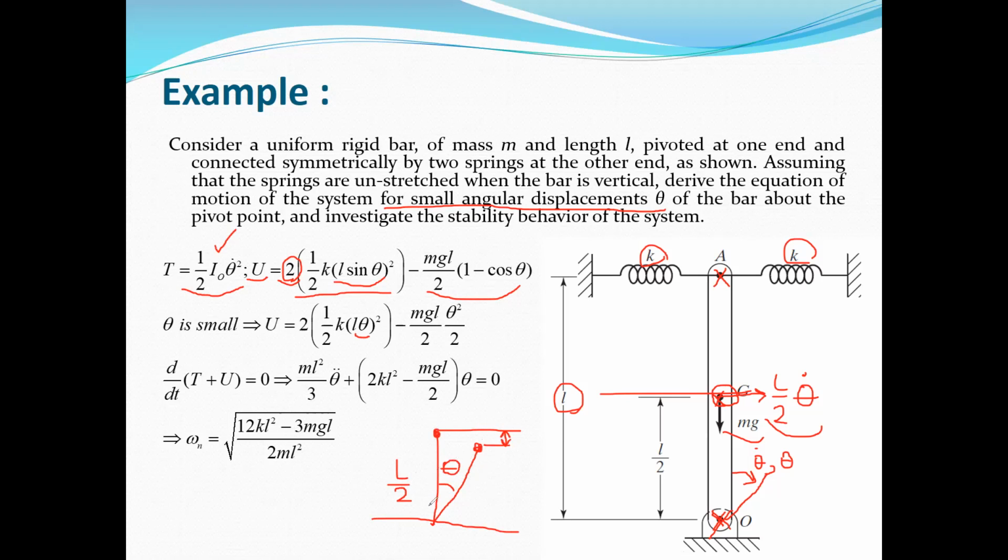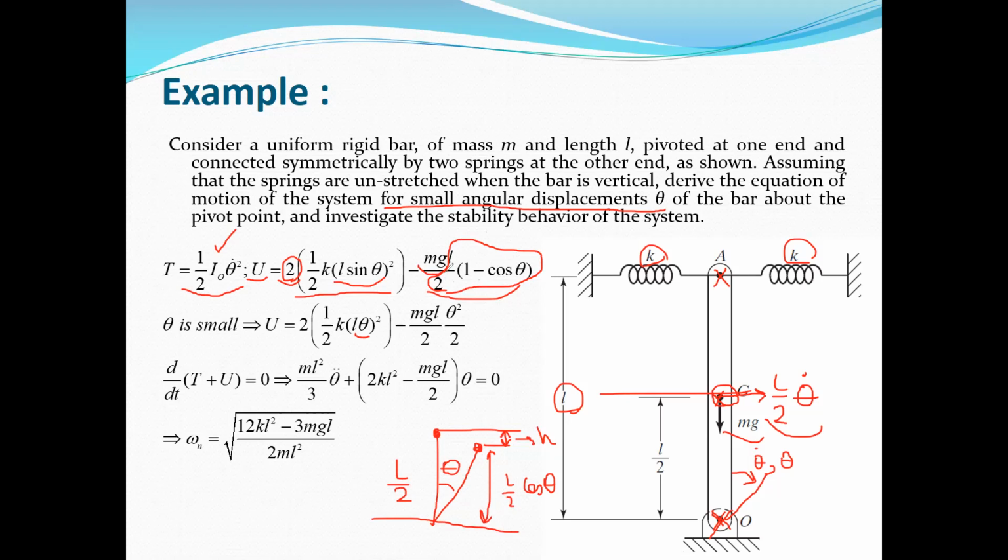Because this length is L over 2, and this length is L over 2 cosine theta. So this is called, for example, H. H is equal to L over 2 minus L over 2 cosine theta, or L over 2 times 1 minus cosine theta. Here you can see this is L over 2 times 1 minus cosine theta, and mg, which is the weight of the rigid body.